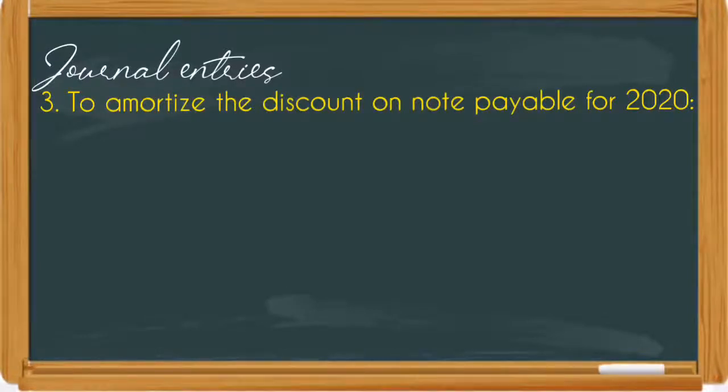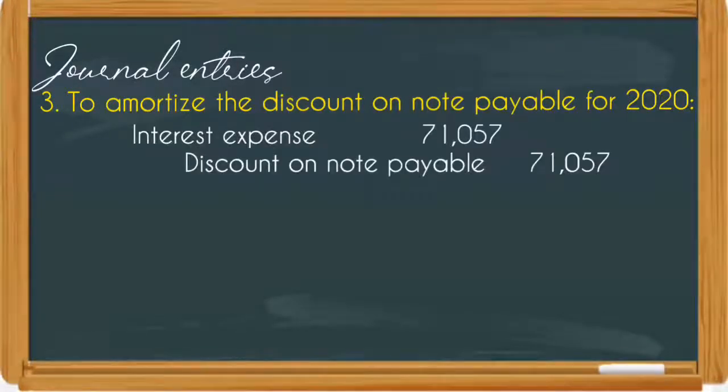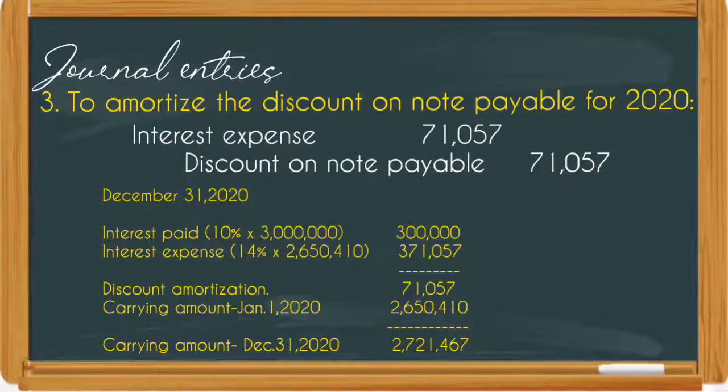Next is to amortize the discount on note payable for 2020. When we have a discount on note payable, we gradually reduce it every year and record it as interest expense. So, debit interest expense, 71,057, and credit discount on notes payable, 71,057. It is computed using the interest paid, 3 million times 10%, which is 300,000, and the interest expense using the 14% interest rate times the present value of the new notes payable, which is 371,057.